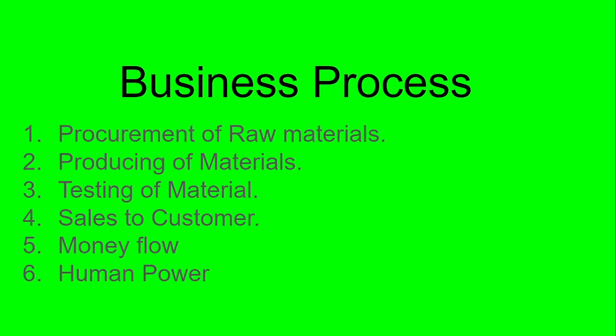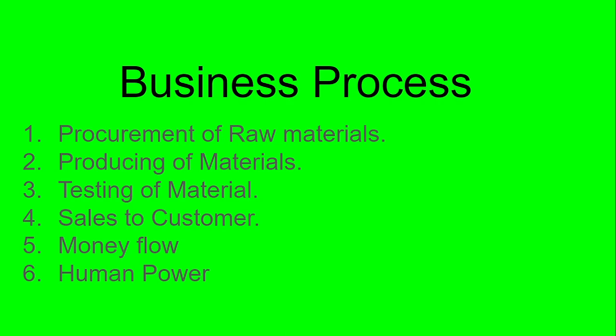What is business process? Before going to business process, what is business? What will we do in business? Generally, we will buy and sell a product in a business. If you take any manufacturing company, then they won't buy and sell material. They will produce the material and then sell the material.